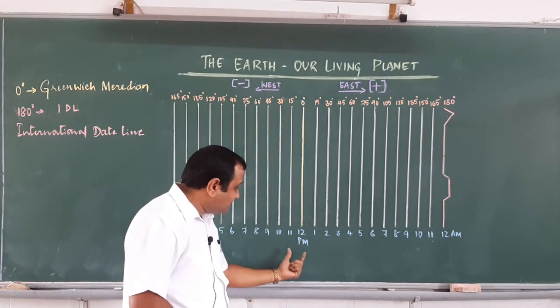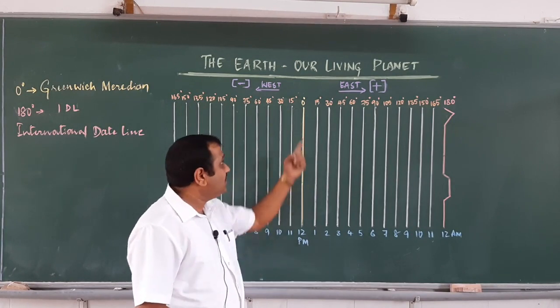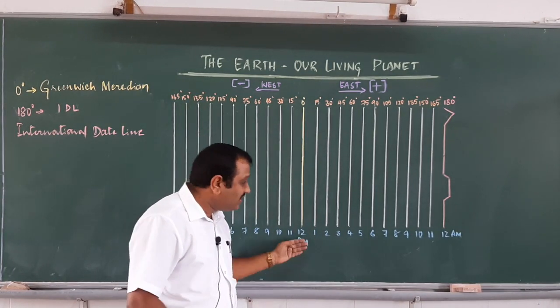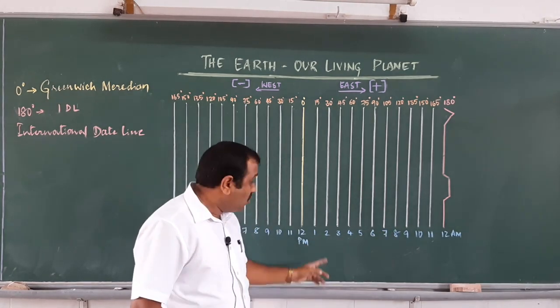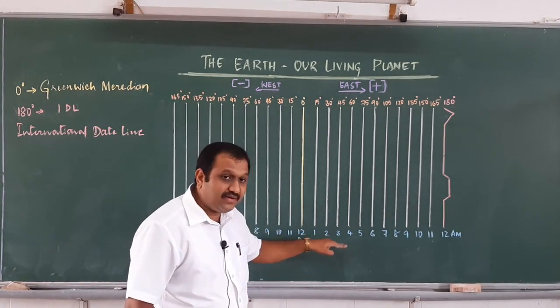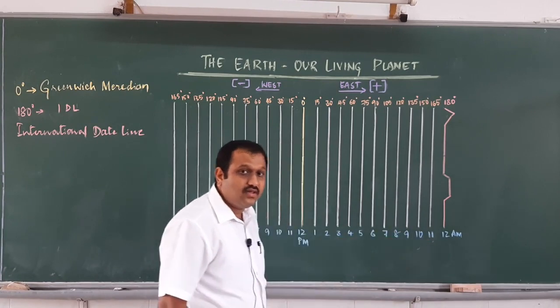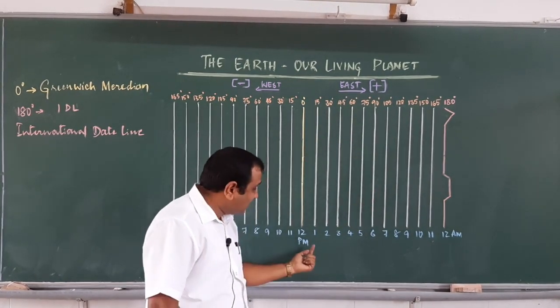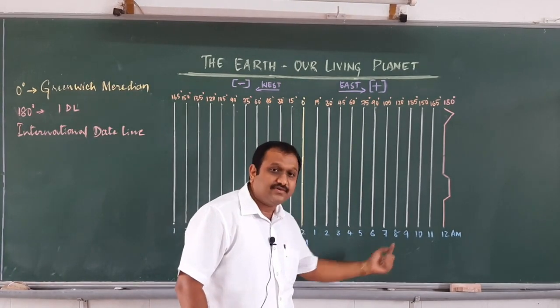Assume that it is 12 p.m. in Greenwich city, and at 15 degree it is 1 p.m., 2 p.m., 3 p.m., like that it keeps on moving. So for every 15 degree, there is a time gap of 1 hour.